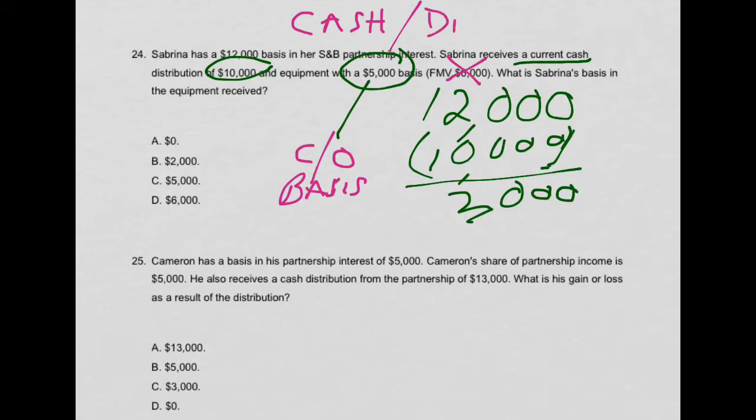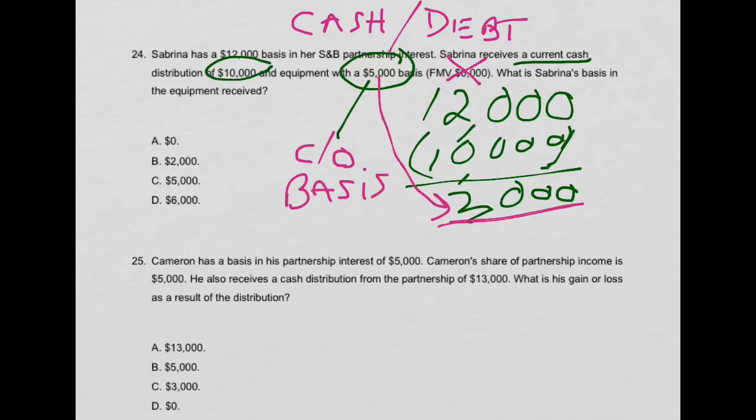Cash or debt are the only exceptions where there could be capital gain. So here, with the equipment, it's only going to be carryover basis. But there's not enough to absorb the full carryover basis, so it's going to be limited to the amount remaining. Answer B, $2,000. That becomes the carryover basis of the equipment in the hands of Sabrina.